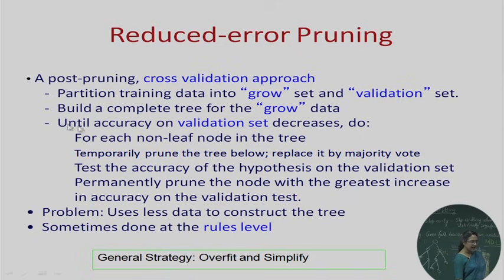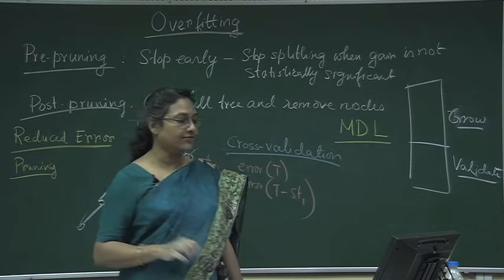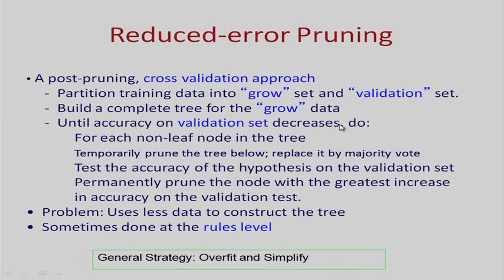So, until accuracy on the validation set decreases, you will do this. Any non-leaf node or interior node is a candidate for pruning. For each non-leaf node in the tree, you temporarily prune the tree below that node and replace that node by the majority vote. Then test the accuracy of the hypothesis on the validation set.